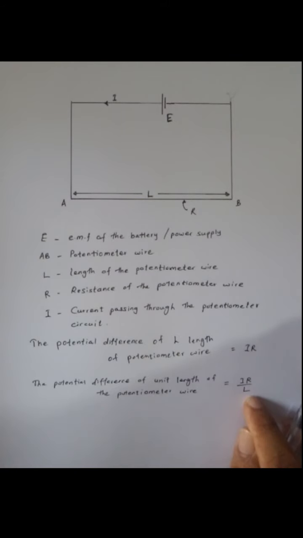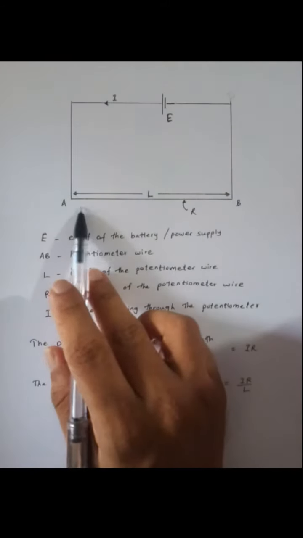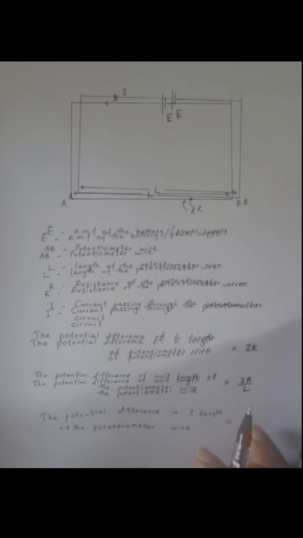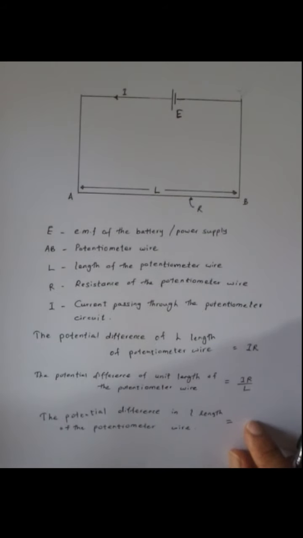So if I consider simple L length, then what is the potential difference? We know the potential difference in unit length is this value. Therefore, the potential drop in simple L length, I can write as IR over L times simple L.